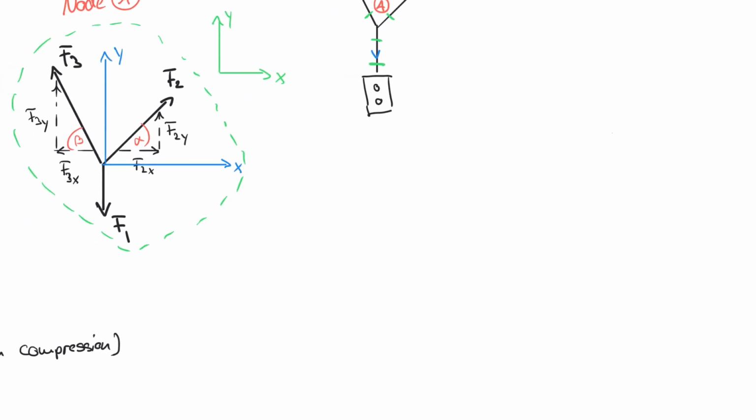So I'm going to draw the free body diagram one more time, but now with the concept of let's find the unknown forces. So I initially have a cable that hangs in this direction, I have a cable that hangs in this direction, and I have a cable that is acting downwards.